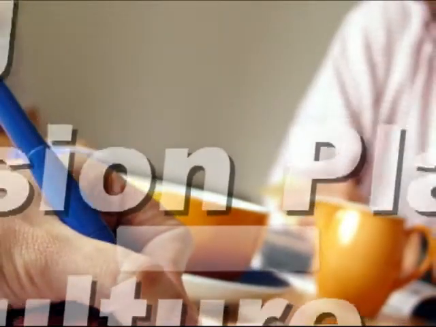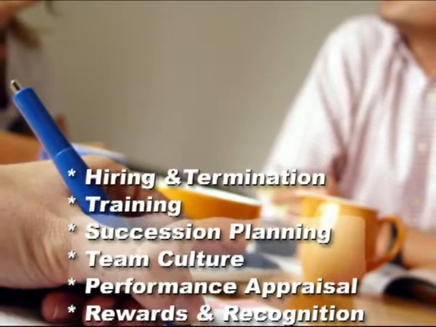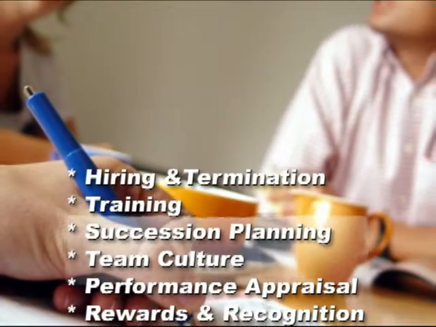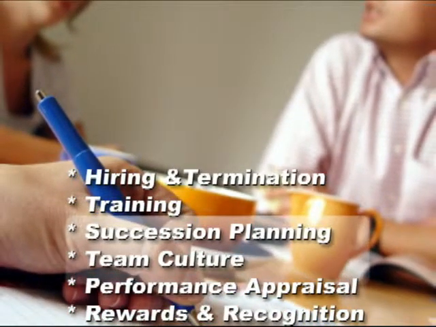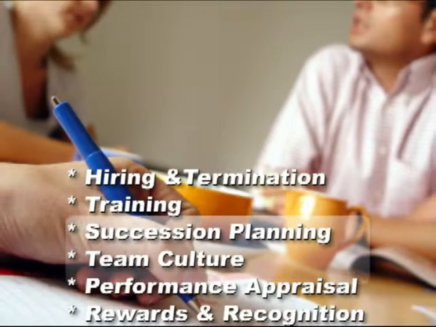Some examples of a bullet point would be things like hiring and succession planning and termination. Training, which includes induction. It might include department culture. If your organization uses performance appraisals, then that would be included in the HR hat.